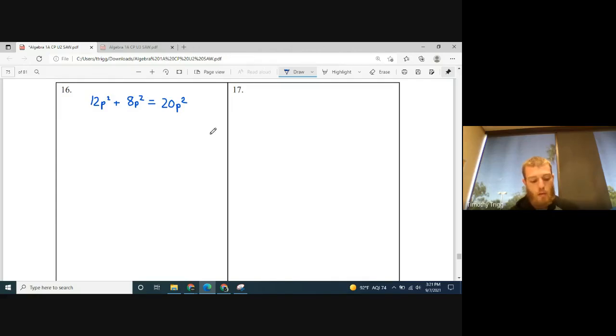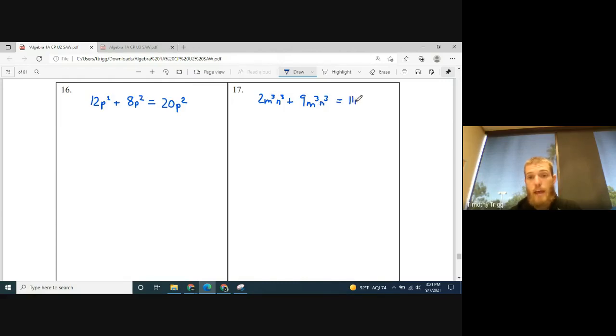Okay. Question 17. We have 2m cubed n cubed plus 9m cubed n cubed. Again, they have the same variables and the same power, so we can just add the coefficients.